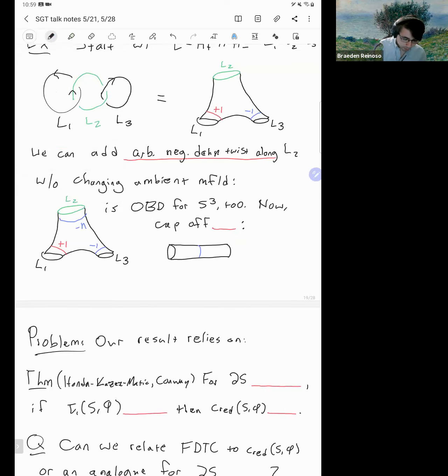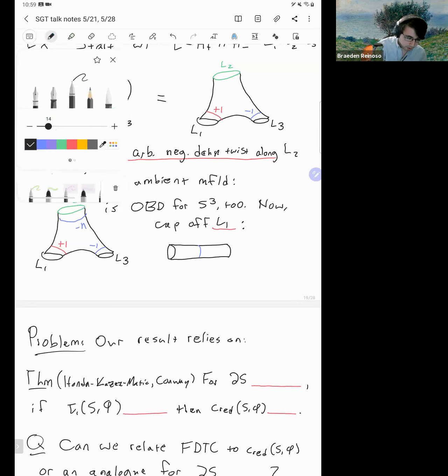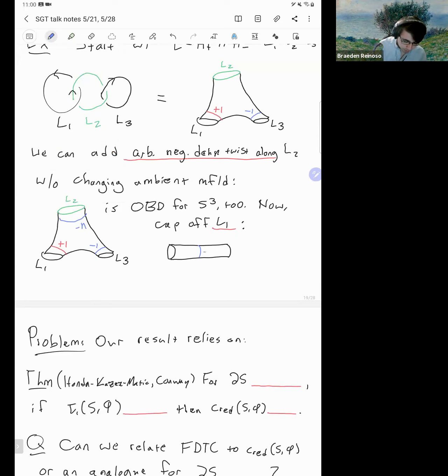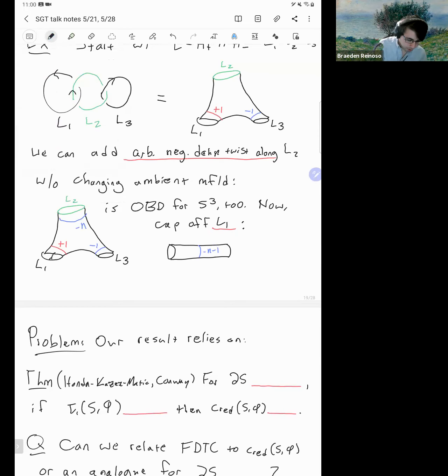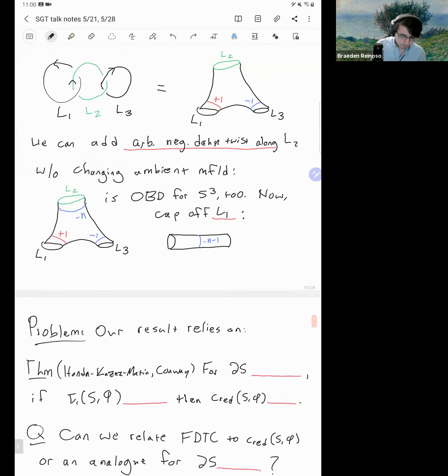Now, if we just cap off L1, then we get an open book which is an annulus with Dehn twist -n-1 along it, because you cap off this guy here, which kills this positive Dehn twist. And you're just left with the annulus with the -n and the -1 from before.